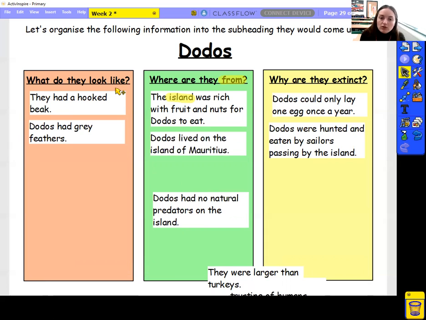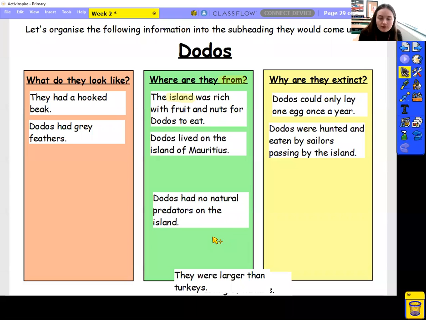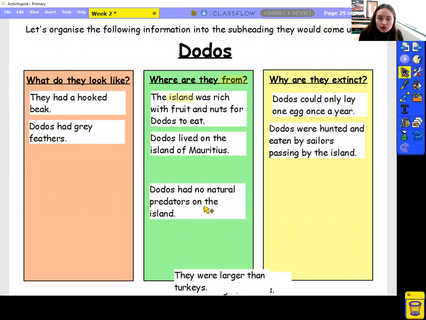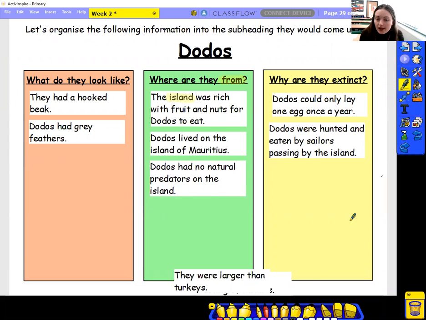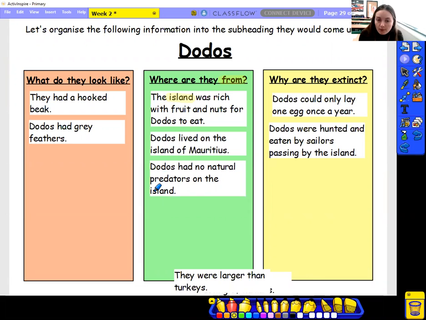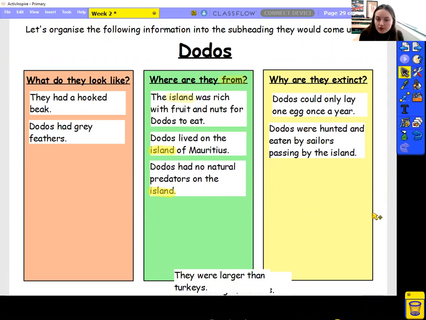Does that tell me what they looked like, where they're from, or why they are extinct? Fantastic, that's telling us more information about that island. So that's telling us about where they were from. They all have that word island in. They're telling us about where the dodos are from.